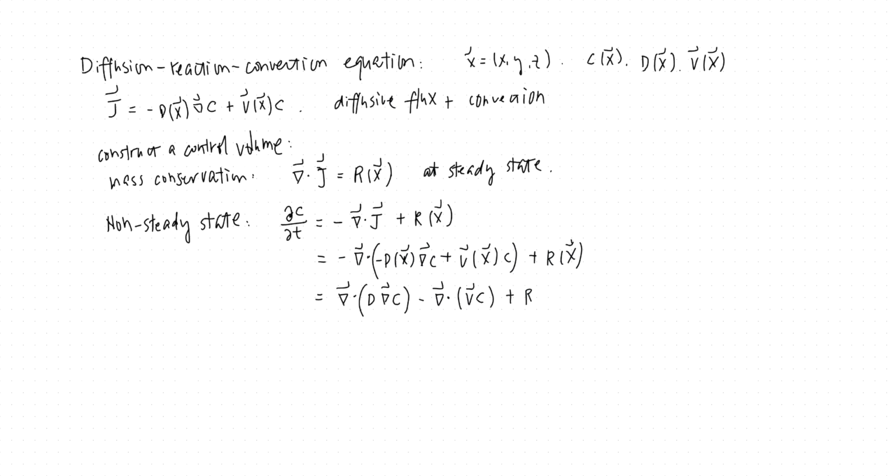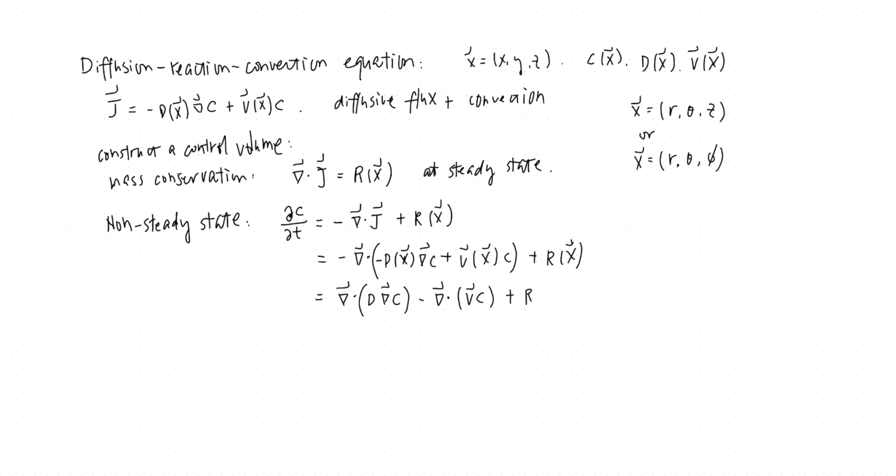Now this is 3D. 3D means you can have x, y, z, or in general, x can also represent r, theta, z in cylindrical coordinates, or r, theta, phi in spherical coordinates, or x, y, z in Cartesian coordinates, whatever.